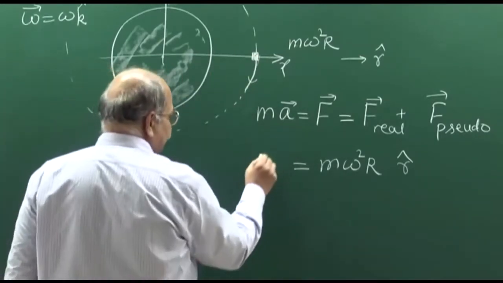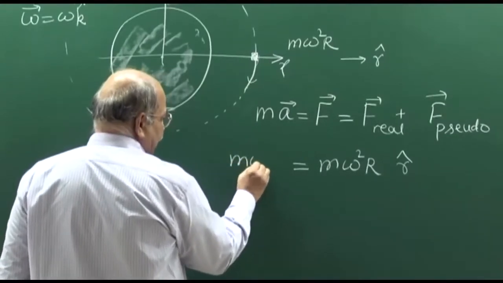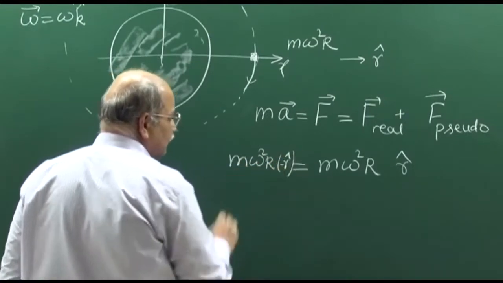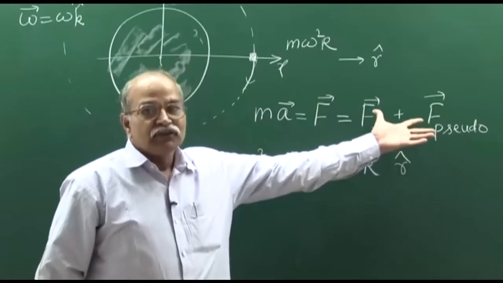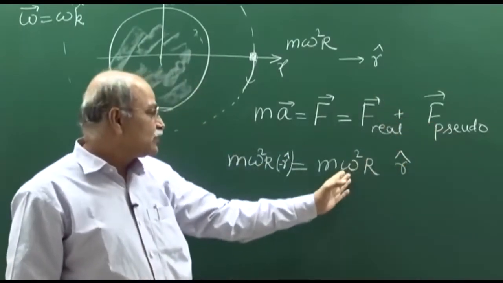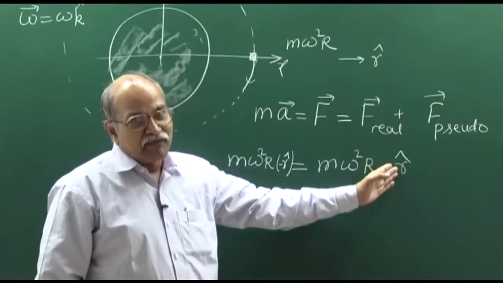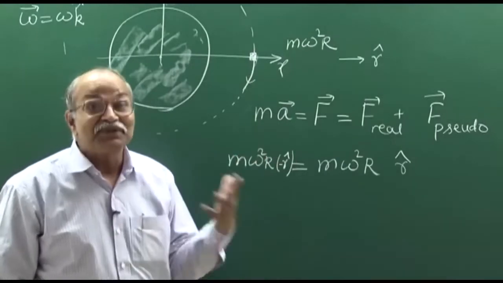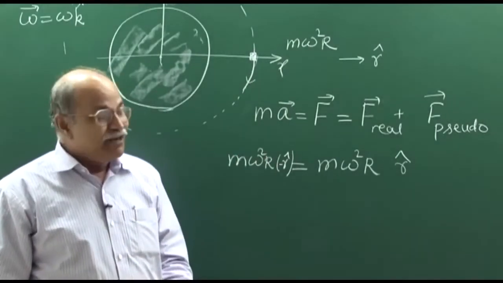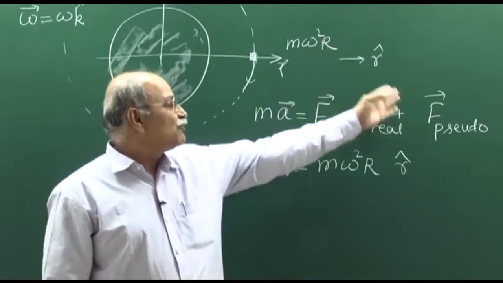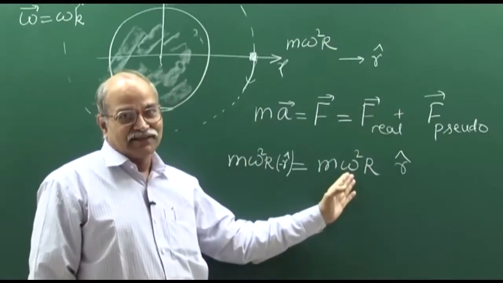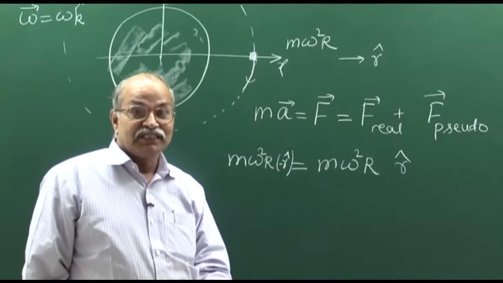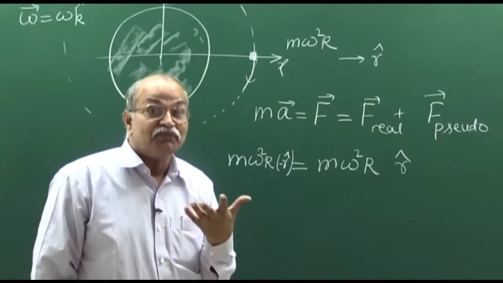So, this m a is m into omega square into r, and that is in minus r cap direction, whereas this side total force including pseudo force is this much, which is in plus r cap direction. So, that means we are still missing some pseudo force. There are more pseudo forces. Even after taking centrifugal force, our equations are not satisfied.